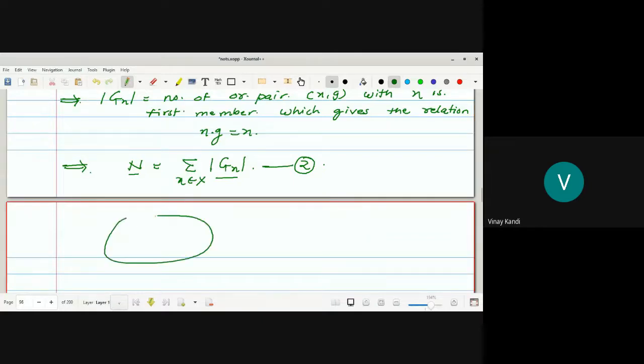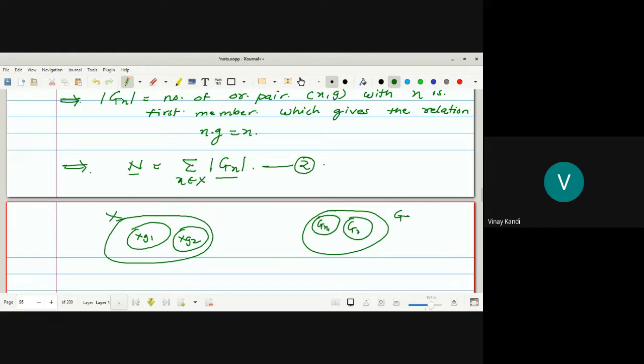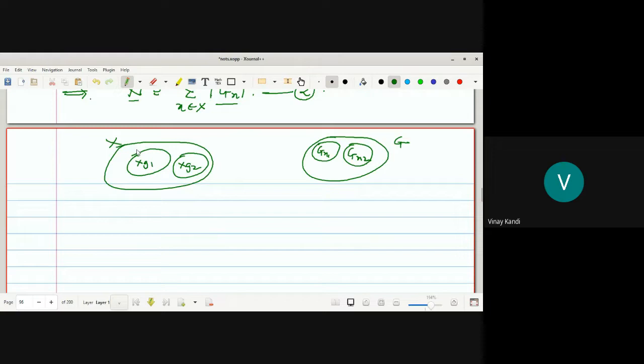Only this is your x, this is g, and here your xg1, xg2 will come. Okay, what will happen here? xg x1, g x2 will come like this. This subset is x, this subset is g. The order of each is N. Okay, so we have from 1 and 2.